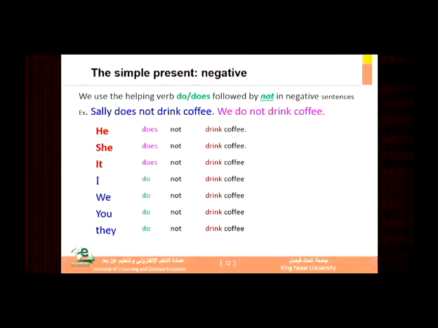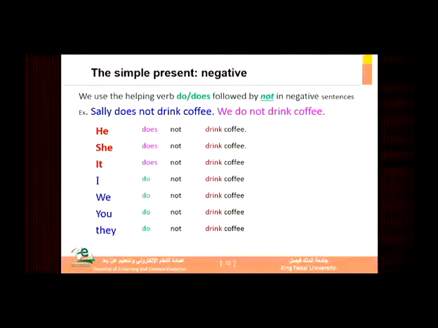So as you can see here, we use the helping verb do or does followed by not. In negative sentences, when we want to make a sentence negative, we have to use do or does. Then after do or does, we add not, which is the negation particle. Now the question, how can I know whether I'm going to use do or does?